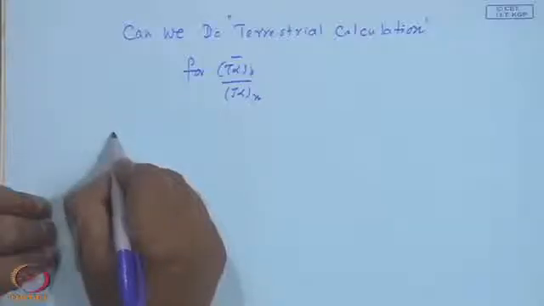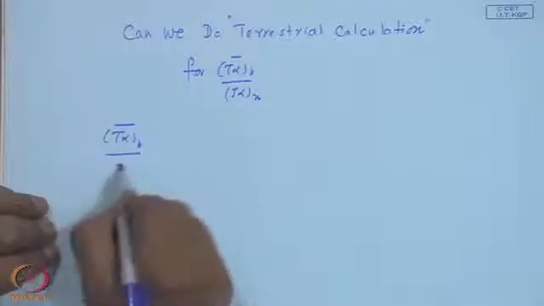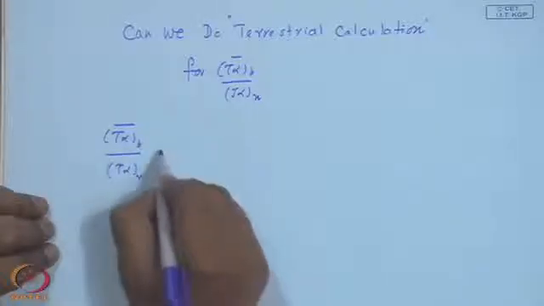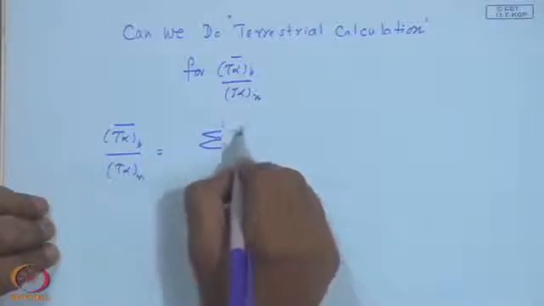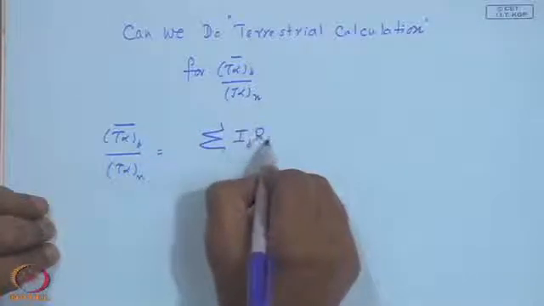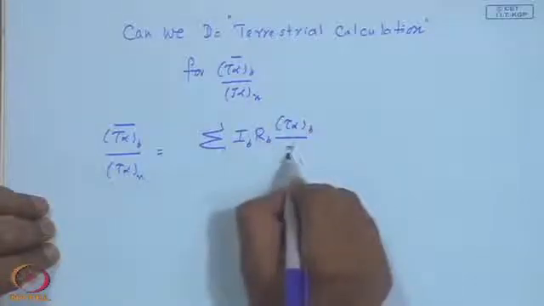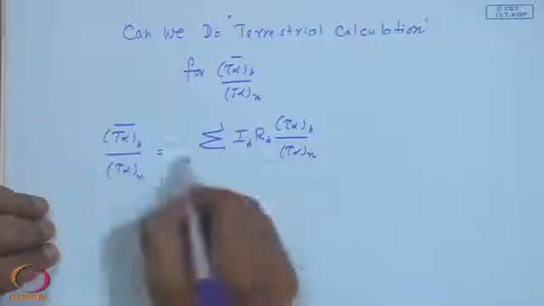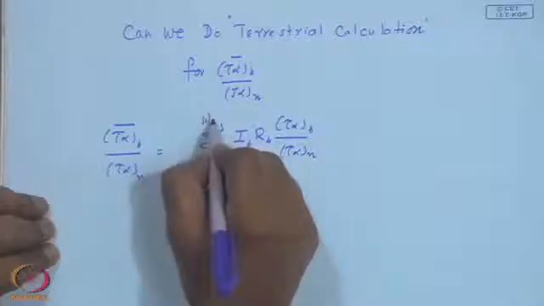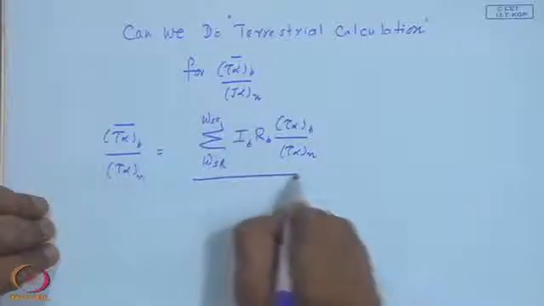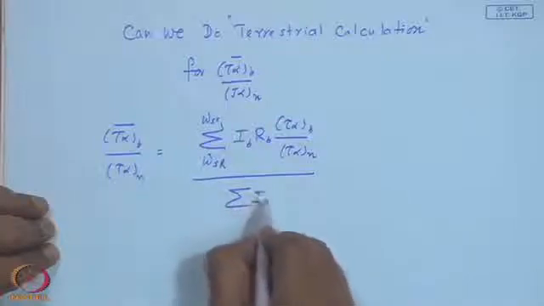So, by definition tau alpha bar b by tau alpha n should be equal to, for a single day once again, so we can call it now omega s r, omega s s, because this is only direct component of the radiation.